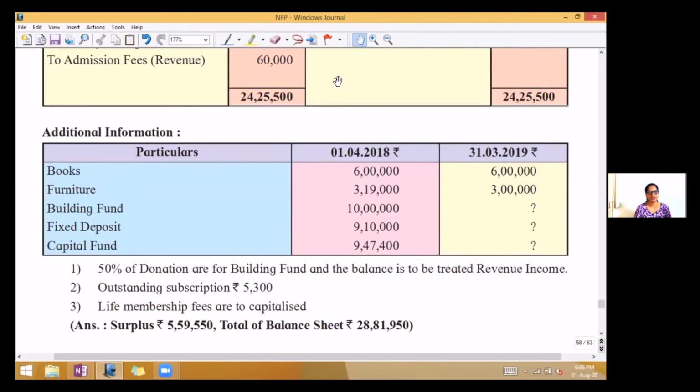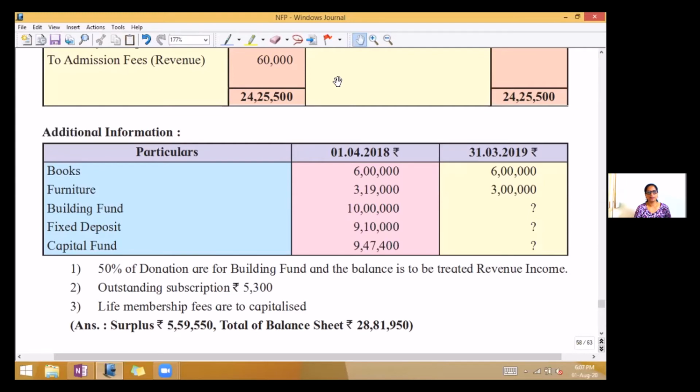Now here additional information is given to you in a different manner. You have particulars, you have the balance on 1st April 2018 and 31st March 2019. So instead of giving you the opening balance sheet, they have given it in the form of additional information. So books are assets.